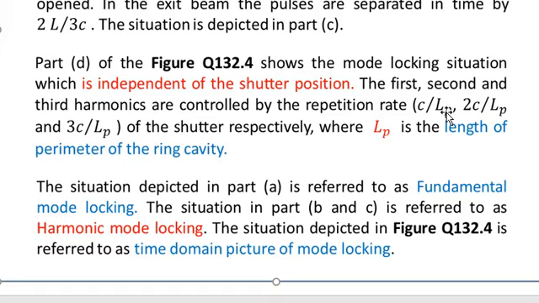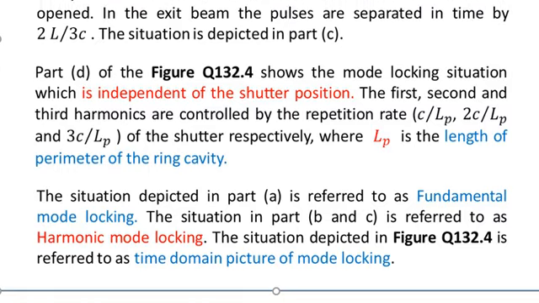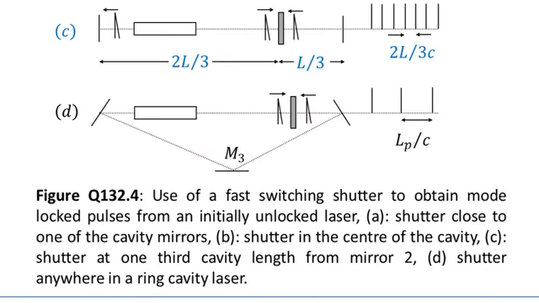So controlling the shutter at this speed, or at this speed, or at this speed, you can have three different harmonics oscillating within the cavity. Again, you can have a look at the situation in part number D. This shutter can be placed anywhere, and you can control the frequency of the shutter, equal to C over LP, for example, in this case.